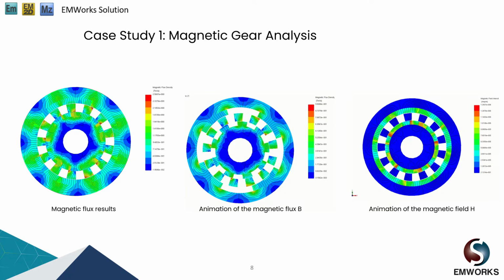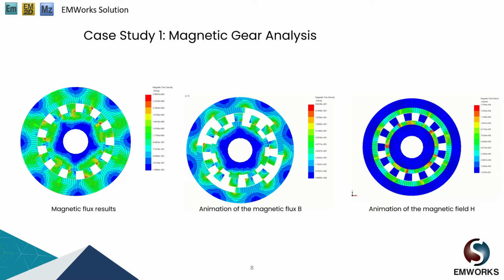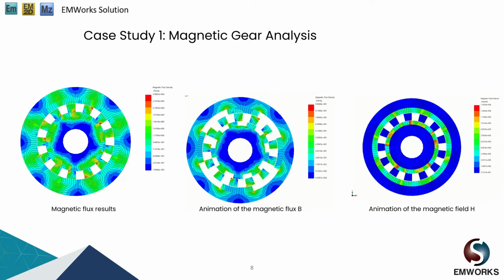The magnetic flux results are shown in the left figure. The middle figure contains an animation of the magnetic flux versus position of the inner and outer rotors. They are rotating in different directions, and an animation of the H field is also shown. These results are obtained through a parametric study.